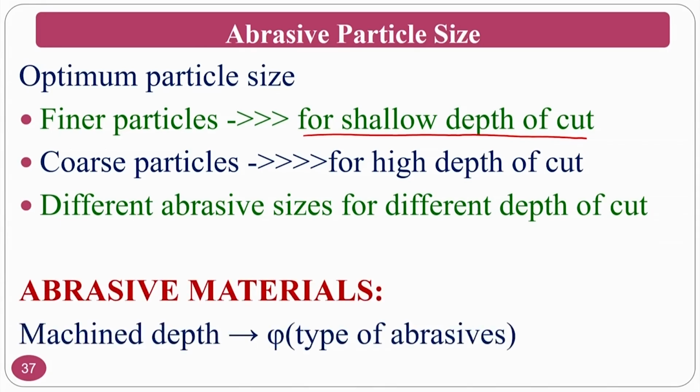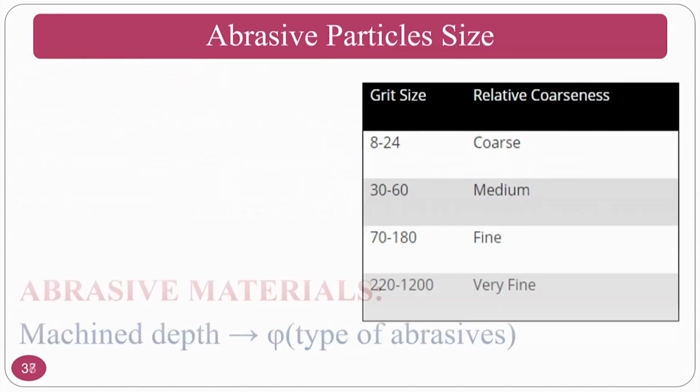Abrasive materials: normally the machining depth is a function of the type of abrasive particles. That means if I want to go for higher depth of cut, then you have to go for much harder abrasive particles than the workpiece material. If I want to cut deeper cuts, then I have to go for much harder abrasive particles.